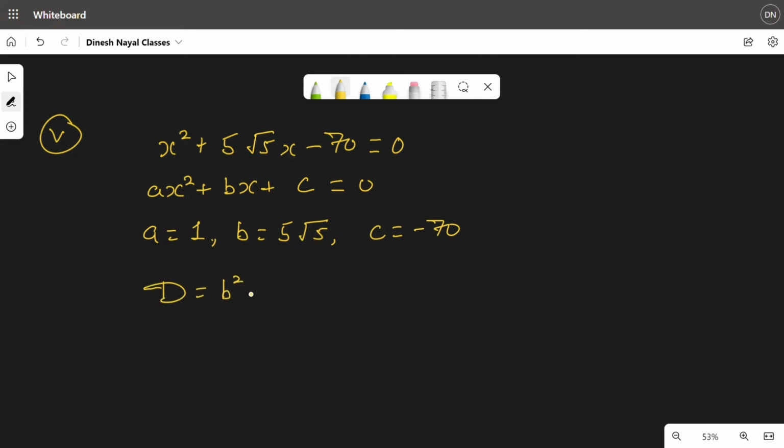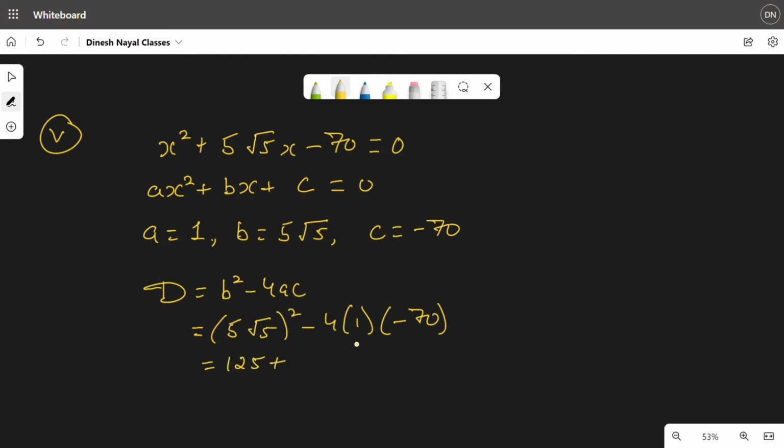Now 5 root 5 whole square minus 4, a is 1, c is minus 70. So see, 5 root 5 square will be 5 square, which is 25, root 5 square is 5, 25 into 5 is 125.